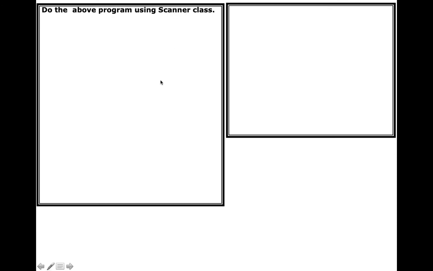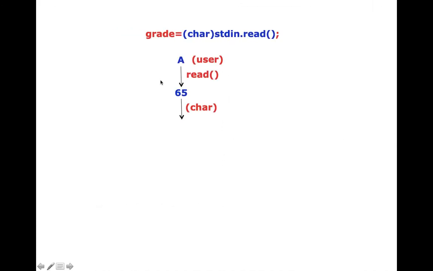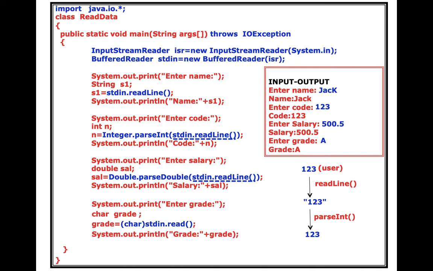Before I move further, I just want to bring your attention to one thing. Look at this input stream reader, look at this buffer reader, look at the spellings. And now also remember a topic called naming convention. I hope you remember that I had taught you naming convention, and I told you it is a very important concept in Java.